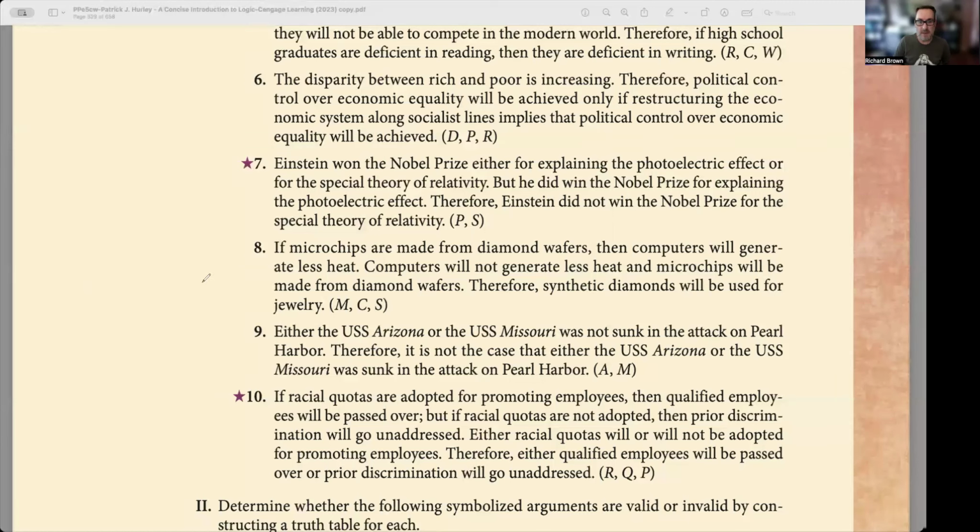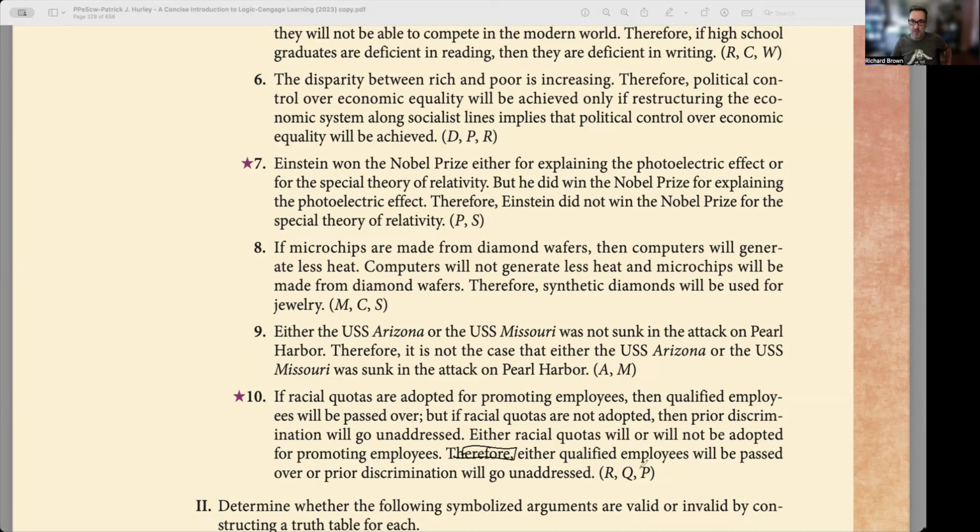Okay, so number 10 says if racial quotas are adopted for promoting employees, then qualified employees will be passed over. But if racial quotas are not adopted, then prior discrimination will go unaddressed. And then we have either racial quotas will or will not be adopted for promoting employees. Therefore, so this is indicating our conclusion, either qualified employees will be passed over or prior discrimination will go unaddressed.